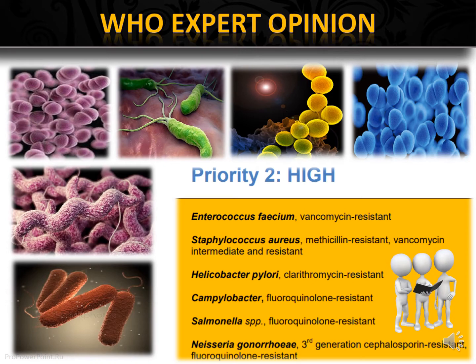All these organisms form different mechanisms of resistance to different antimicrobial drugs. For example, methicillin-resistant Staphylococcus aureus, or, if we characterize Salmonella, you see another antimicrobial drug resistance, and so on.